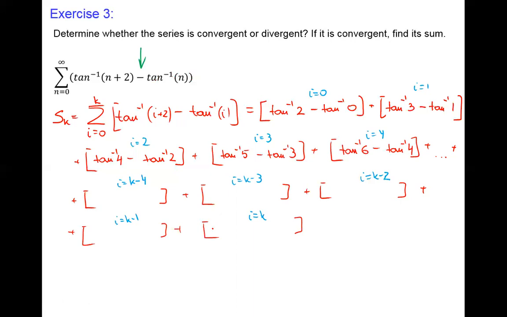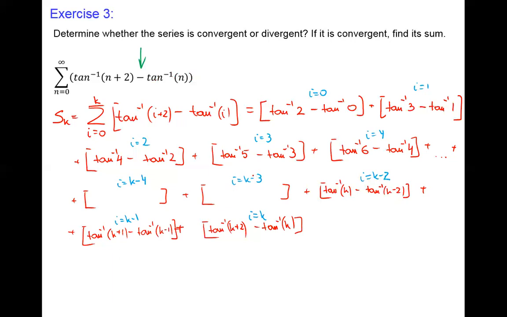And then start from the back side. Inverse tangent at k plus 2 minus inverse tangent at k. Inverse tangent at k minus 1 plus 2 is k plus 1 minus inverse tangent at k minus 1. All right, it's time consuming, but we have to list this term. Now, inverse tangent at k minus 2 plus 2 is just k, and then minus inverse tangent at k minus 2.